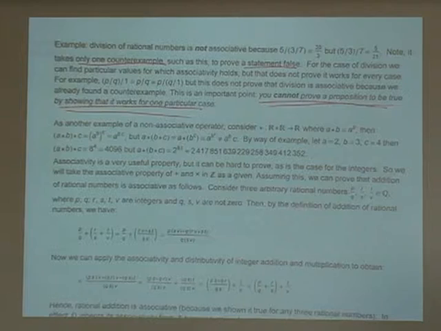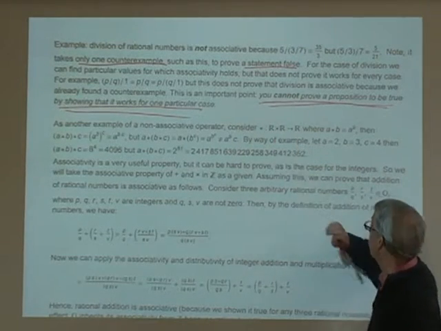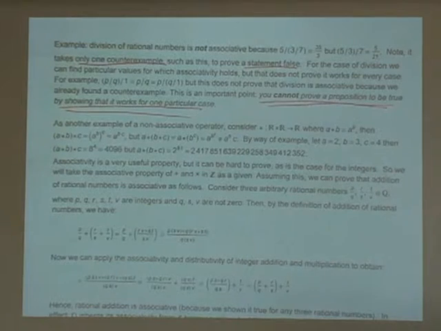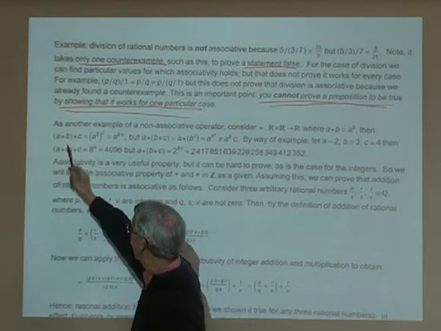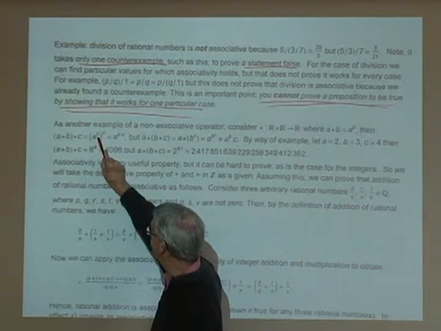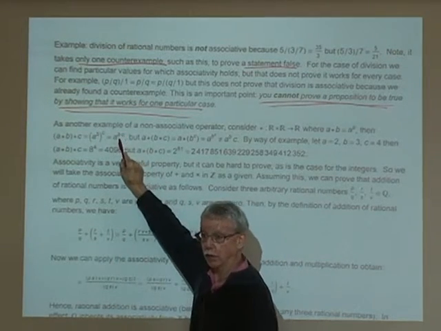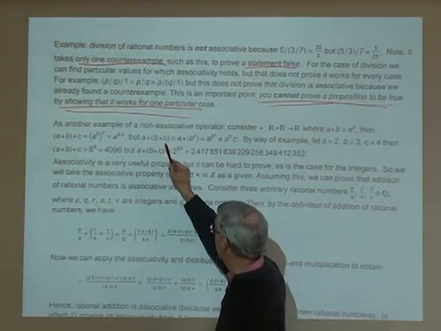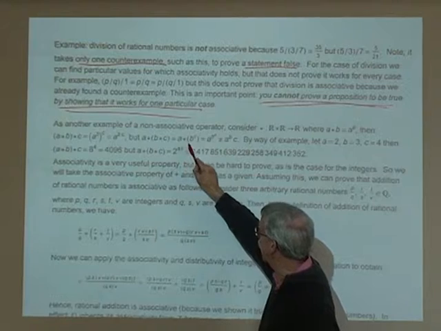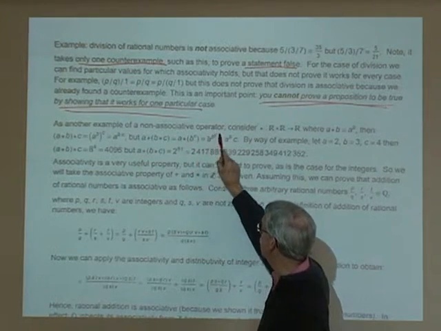Okay, another example of a non-associative operator on the reals, taking a pair of real numbers and sending it to a real number, is exponentiation. If I do A star, the quantity B star C, I get A to the B raised to the C power, which is A to the B times C, right? That's how exponentiation works. But if I put the parentheses on the other side, A raised to the quantity B to the C power, which is that.